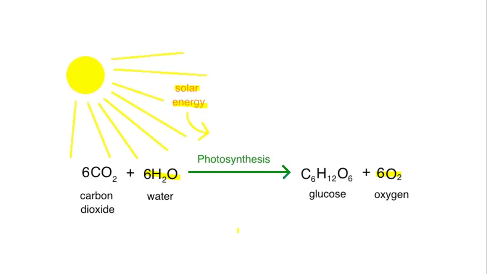ATP means adenosine triphosphate, the energy molecule, and NADP means nicotinamide adenine dinucleotide phosphate. These ATP and NADPH will next take part in the dark reaction, and in the dark reaction glucose will be produced.